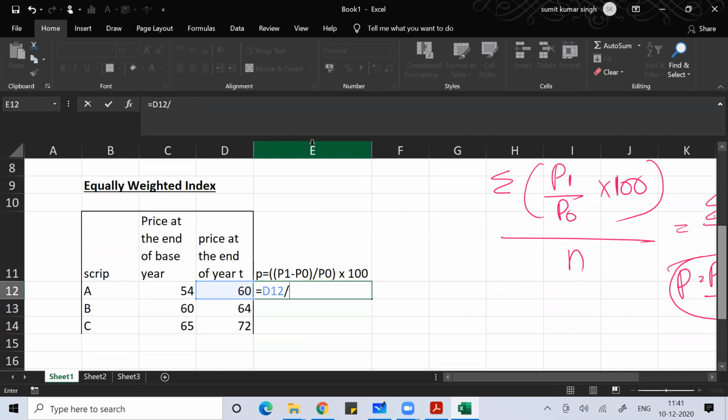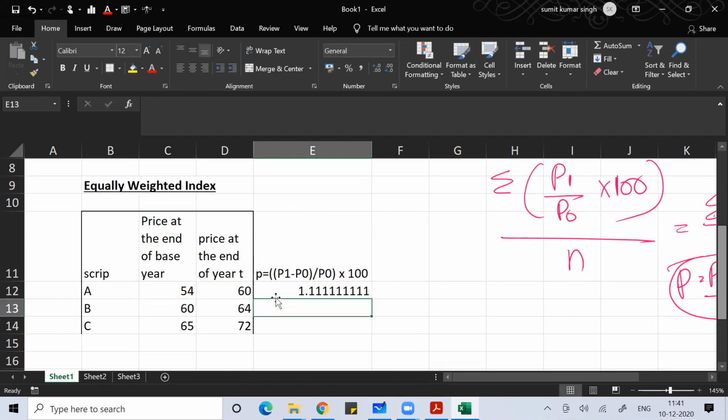Find this, 60 divided by 54. Everyone do this, and multiply this with 100.